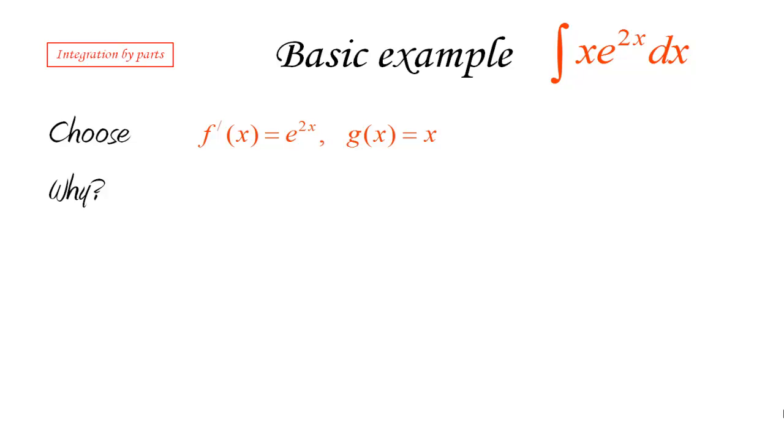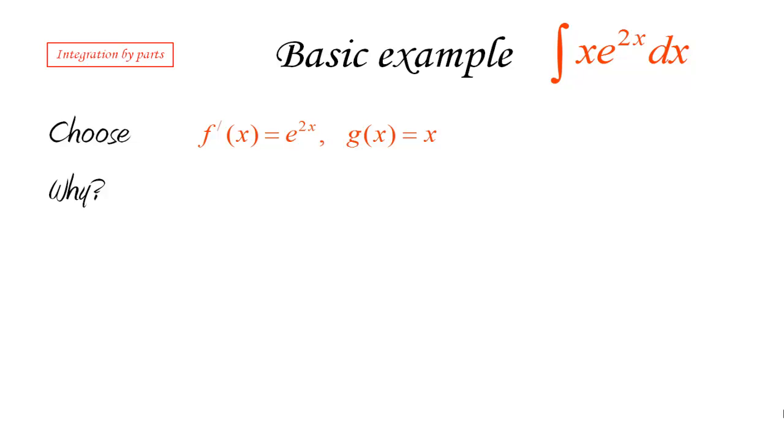Now in this case you might wonder, well, g is also easy to integrate and f prime, the e to the 2x, is also easy to differentiate, so why didn't we pick the other order? Again, I'll leave it up to you to discover it on your own. Make the other choice. Choose x as f prime and e to the 2x as g.